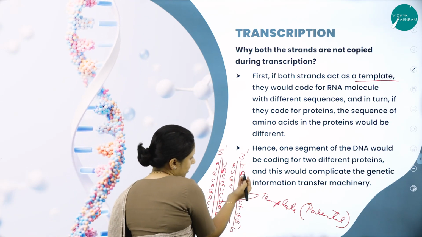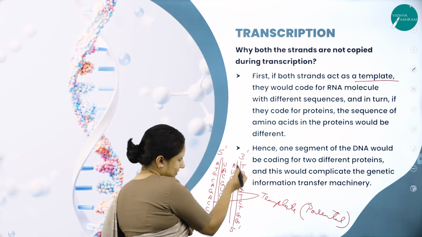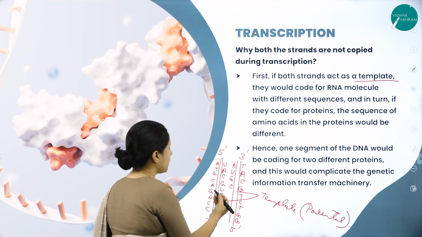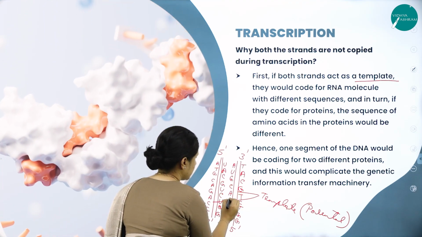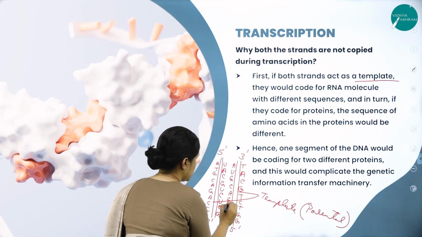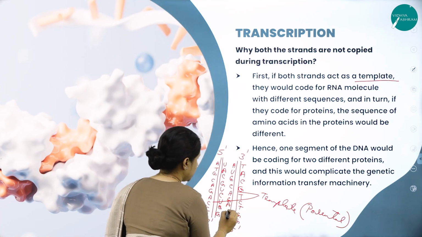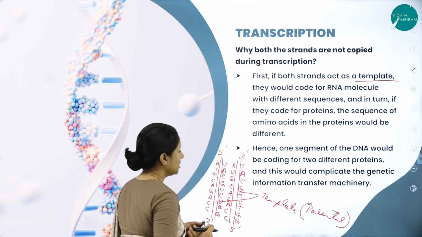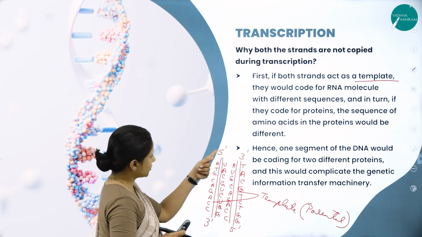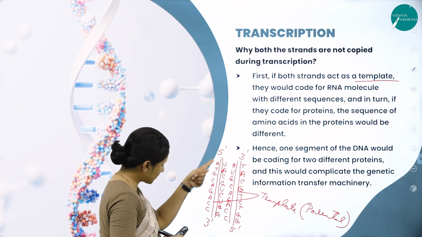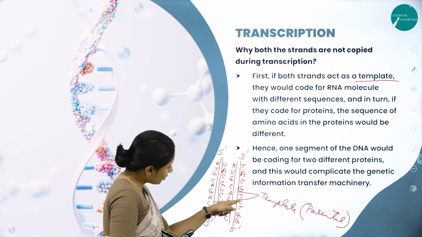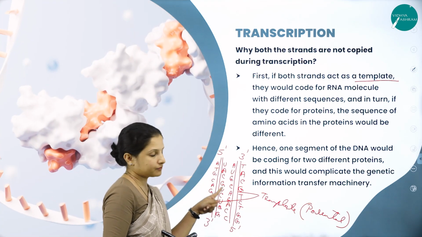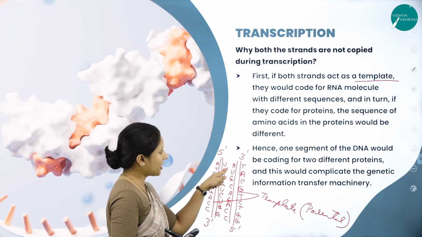For this I'm writing complementary to this particular strand that is running from 3' to 5'. So here it will be again adenine, then guanine, adenine, then cytosine and cytosine. So this is the DNA strand, 5' to 3', 3' to 5'. Now for both I have drawn the mRNA strand. So these are the mRNA strands.